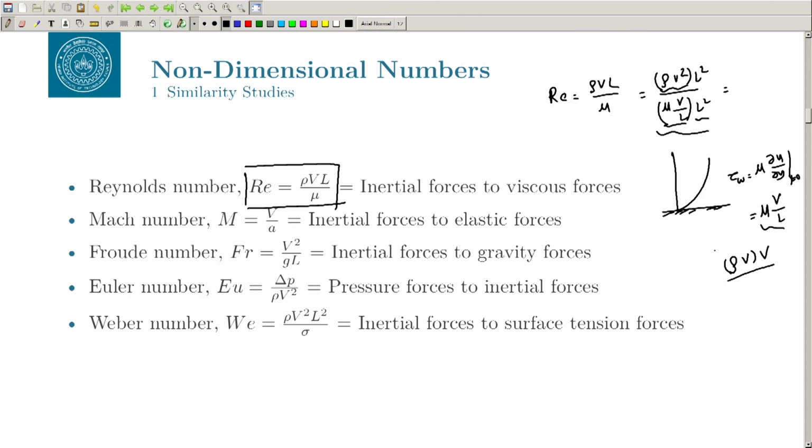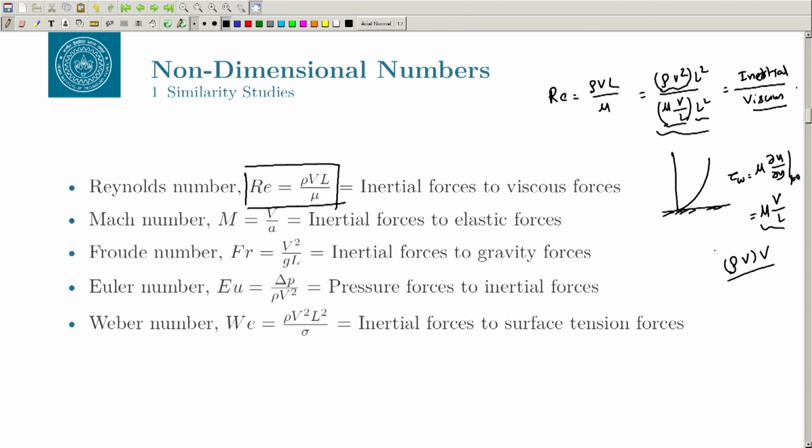So, the ratio between the two forces, the inertial force divided by the viscous force, is called the Reynolds number. If the Reynolds number is very, very low, that means your viscous force is dominating.